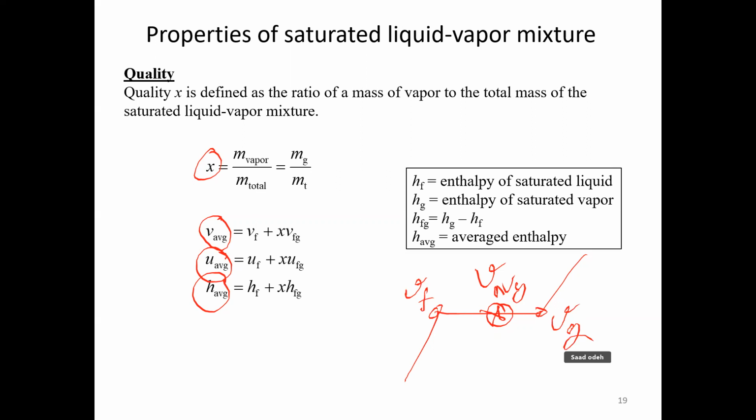If I want to find this V average, then I just follow one of these equations. But I need to know what X is. So most likely in the examples, you will be given the value of X, or the other way around. You have the mass of gas and the total mass, you can find X, and from X you can find the other properties at the average point of the two-phase region. Any question?